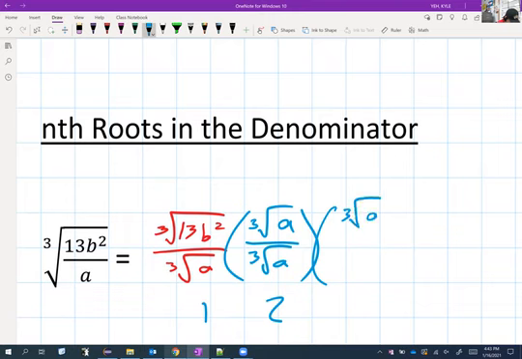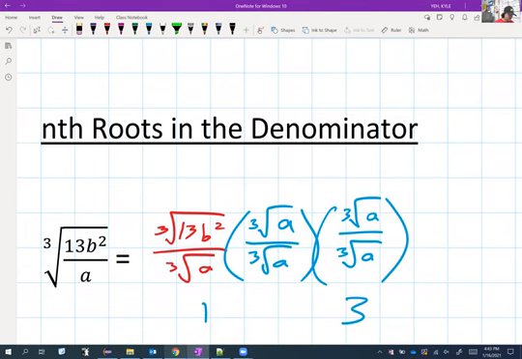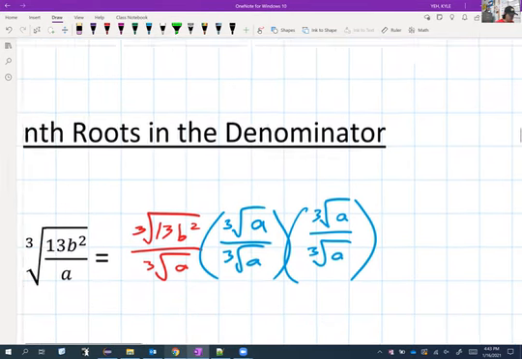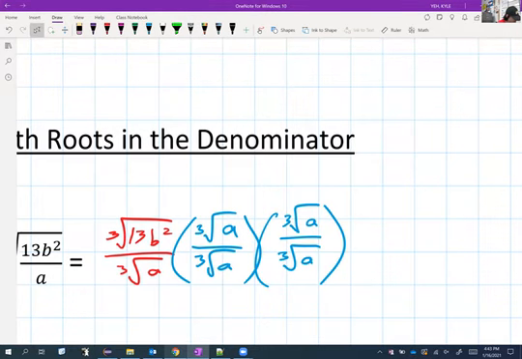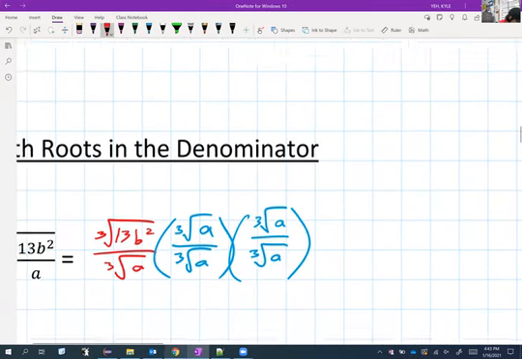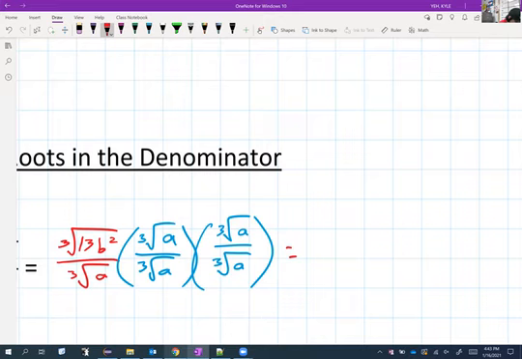This is what we're going to need to do so that we have 3. It's a cube root. We're looking for groups of 3. That is going to turn the bottom into just a. Because, and I'll show it fully here, on bottom, this will give me the cube root, and we can combine everything inside those cube roots we're multiplying.